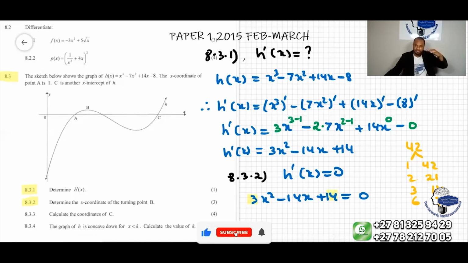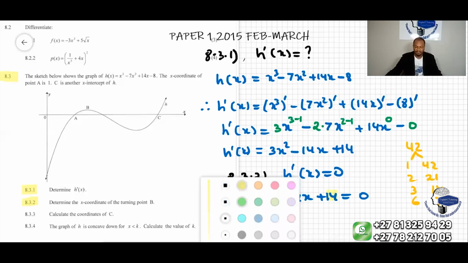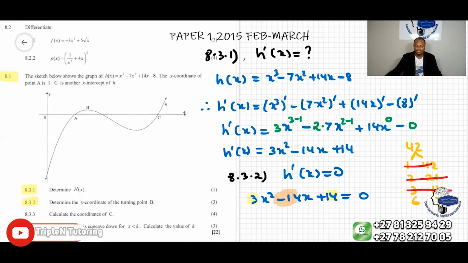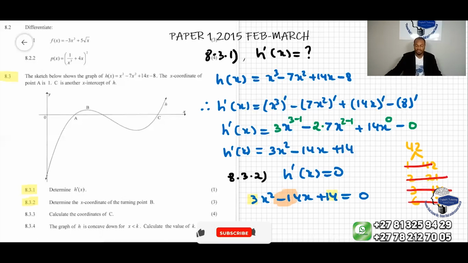Now, is there any pair in this list for which the sum will equal negative 14? Let's see. With 1 and 42, there is none. 2 and 21, 3 and 14, 6 and 7, no. So we cannot solve this by factorization. We need to use the quadratic formula to solve this.